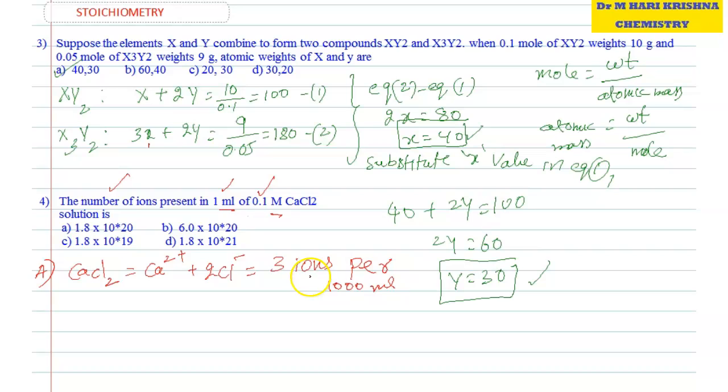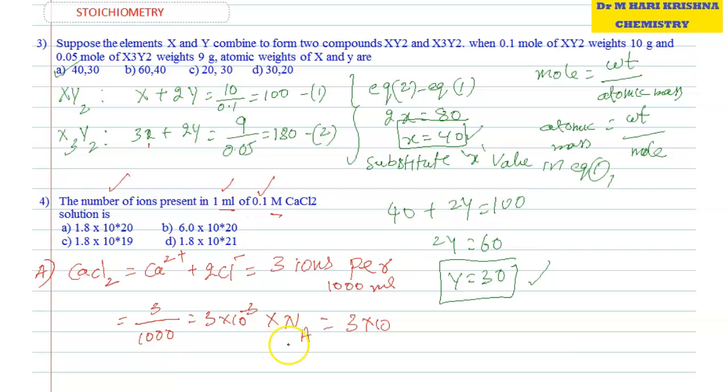So 3 ions are present in CaCl2 per 1000 ml. That means 3 by 1000 equal to 3 into 10 power minus 3. But we have to multiply with Avogadro number, Na, because they mentioned number of ions.